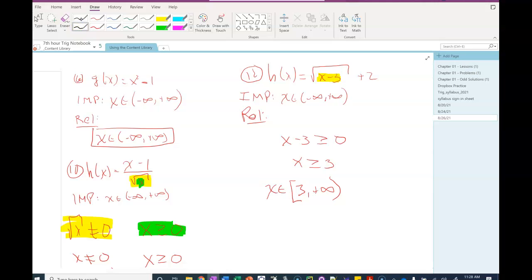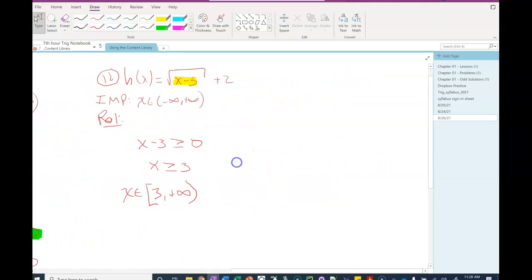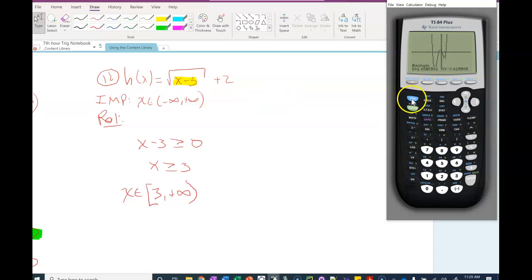Now what I need is to try to figure out my range. What I want to do is look at the graph of this function to try to decide whether that thing is increasing or decreasing, or does it do both. So I'm just going to look at the graph of this.